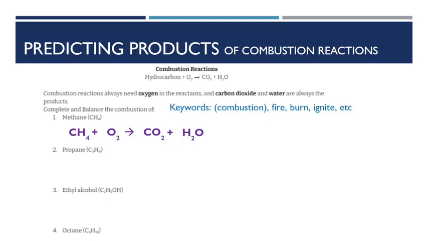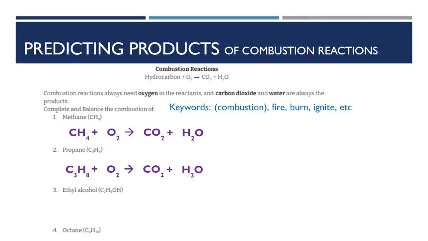So in this next one, if I say that propane is burning, that's all I tell you. Okay, well, maybe I tell you what propane is because it's a little bit of a weird name, but propane is C3H8. Then all I have to say, propane is burning. Done. Well, in order to burn, what else do we need? Oxygen. And if we know this is burning, this is combustion, then we're making CO2 and H2O.